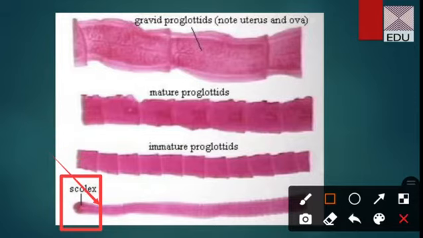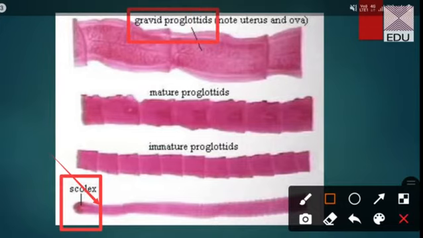Now secondly, the second kind of proglottids are the mature proglottids. Now students, these are the proglottids which first mature with the formation of testes, and then mature with the formation of ovaries. So we had 2 categories of mature proglottids. First are the male matures, second are the hermaphrodite matures. Now the third type of proglottids are the gravid proglottids.